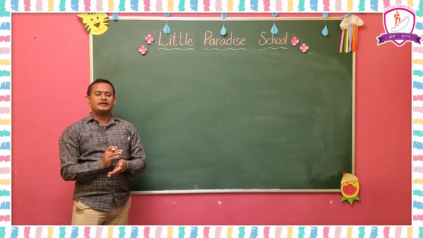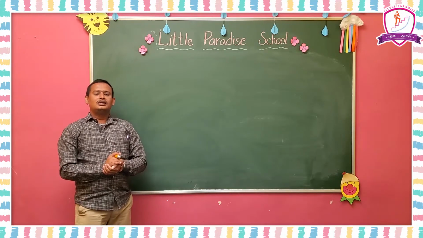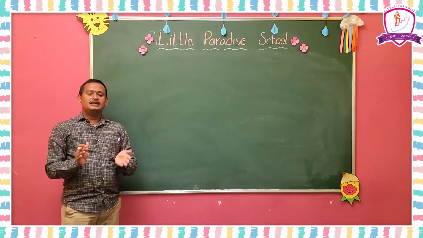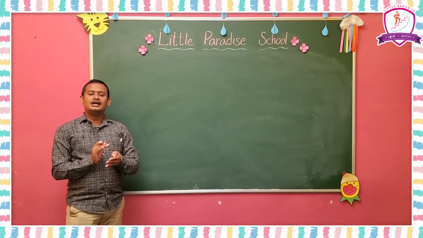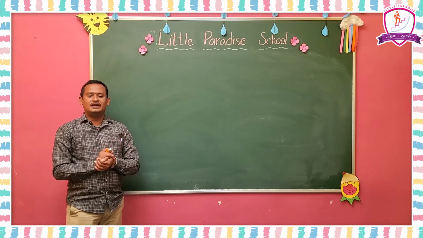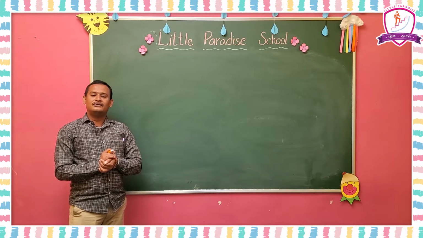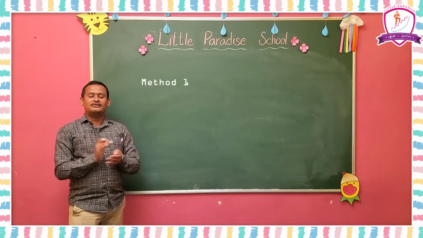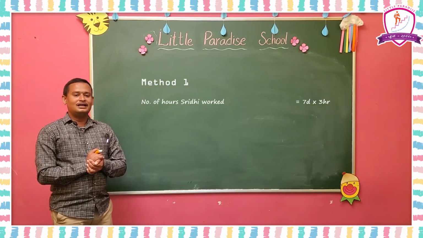I am going to explain an example here. What the uses of brackets are, you can understand with this example. Here two students are there, Sridhi and Madanshu. Sridhi does homework for 3 hours every day and Madanshu does homework for 2 hours every day. We can express how many hours they work in a week in the following ways. First, method 1. How many days are in a week? 7 days.